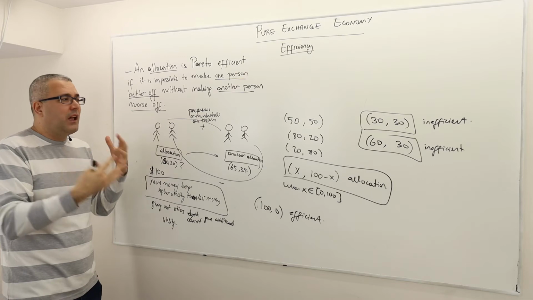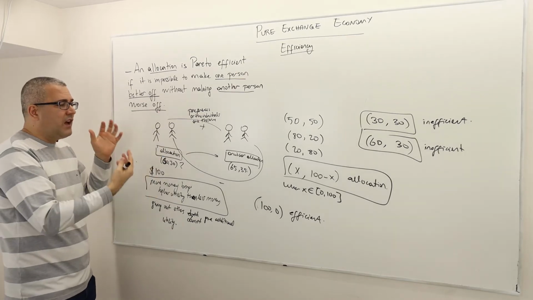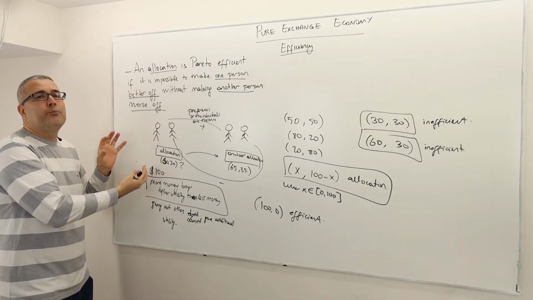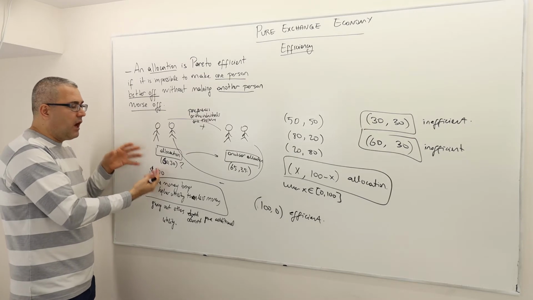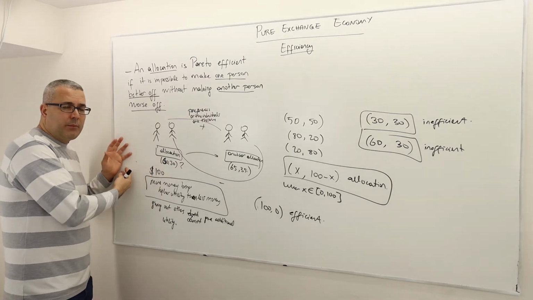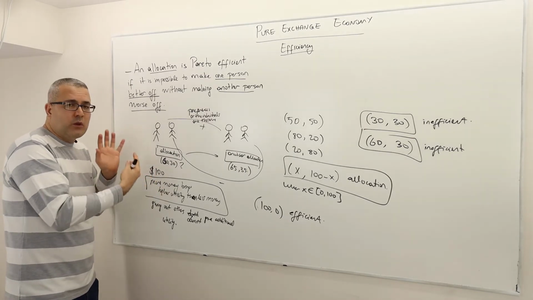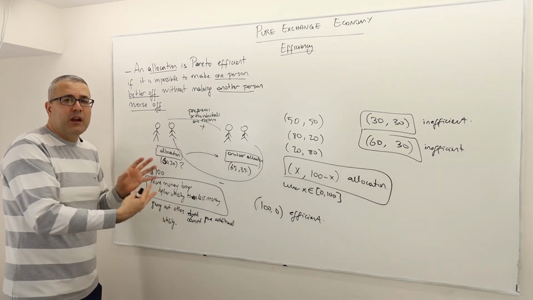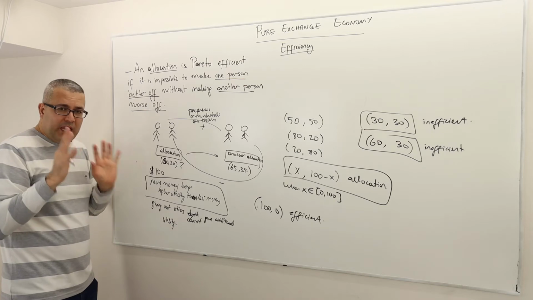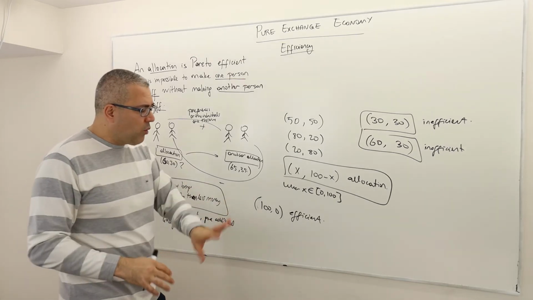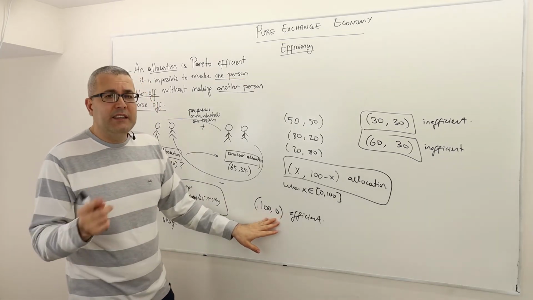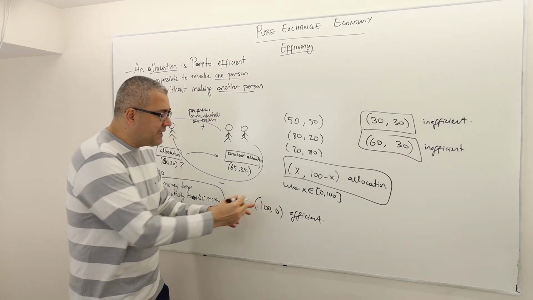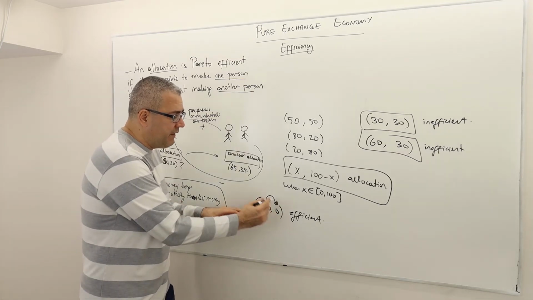The concept of allocation in this problem is what percentage of $100 is Bob going to get, and what percentage of $100 is Anita going to get. All right, there's nothing else. So be careful about it. So once it's fixed, if you want to make Anita happier, well, you have to take some money from Bob and give it to Anita.